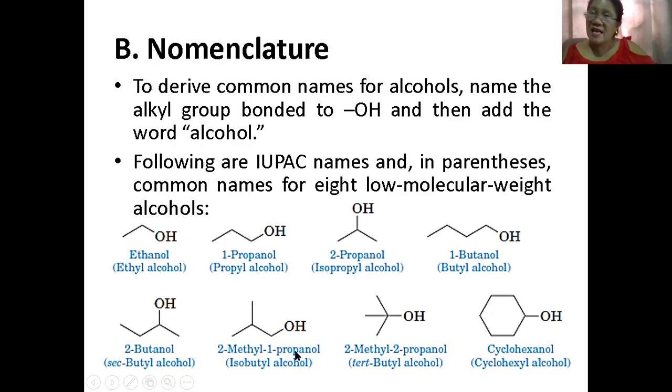Take away the E, add -ol: propanol. Where is our OH? On carbon 1, but we have a branching, a methyl substituent. Where is the methyl? At carbon 2. That is why it is called 2-methyl-1-propanol for the IUPAC name, or isobutyl alcohol in the common name.